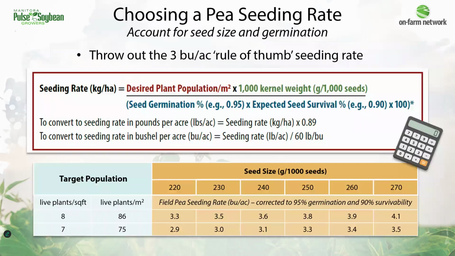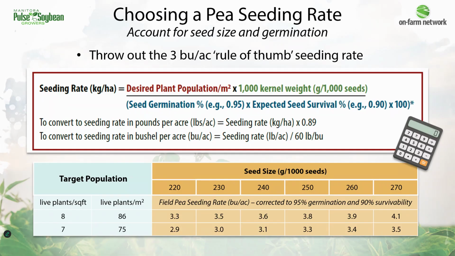Lastly, when choosing a seeding rate for your peas on your farm, take note of the variety's seed size, which is the 1,000 kernel weight, and calculate your seeding rate based on your germination rate and your expected seed survival based on your farm's experience.